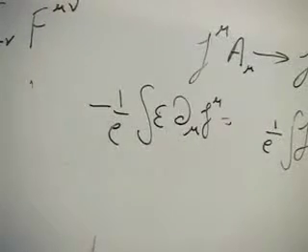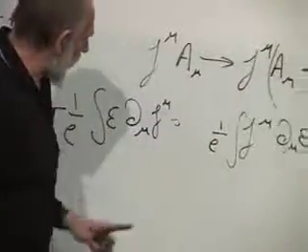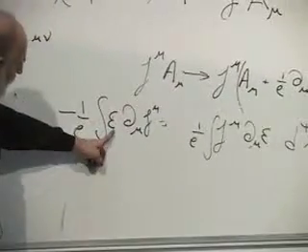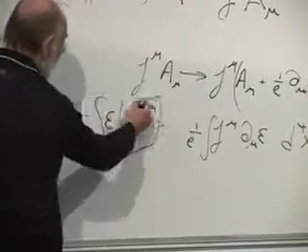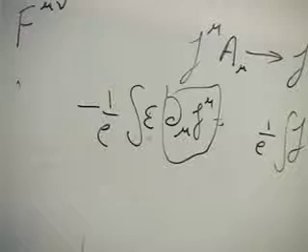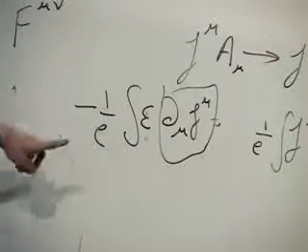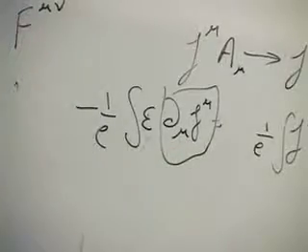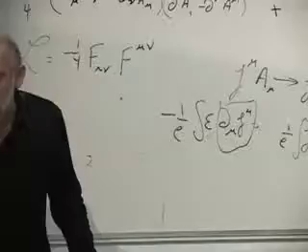Now, this is the change in this term in the action due to gauge transformation. You recognize this thing? Yes, d4x. But do you recognize this? That's the continuity equation. Remember the continuity equation.